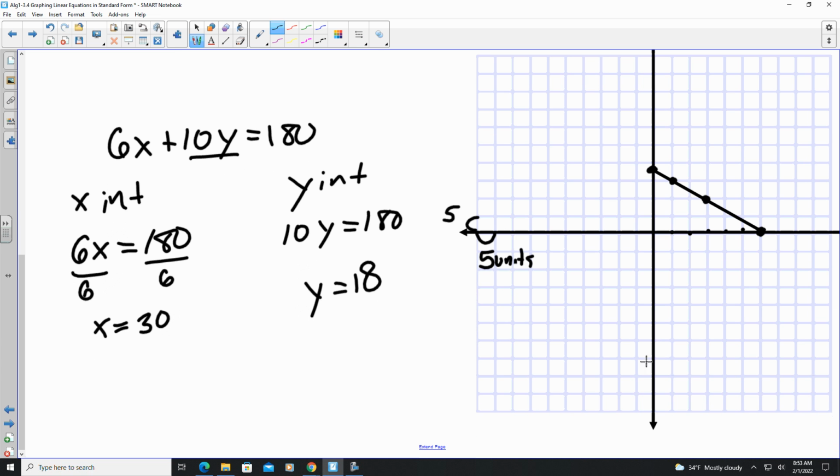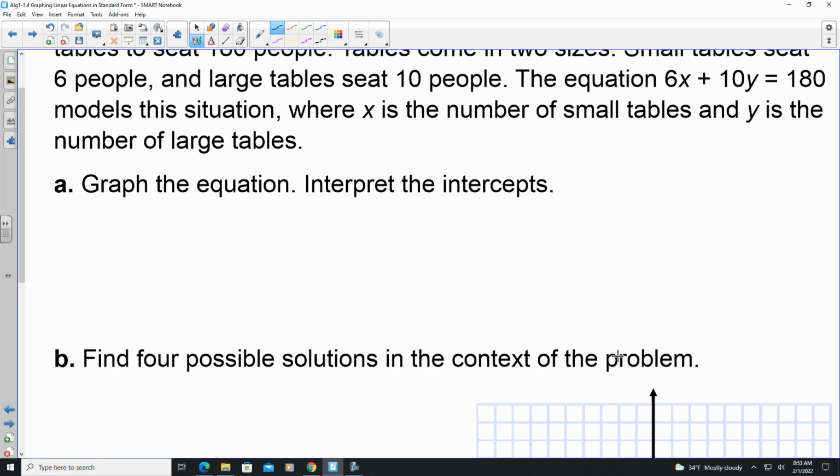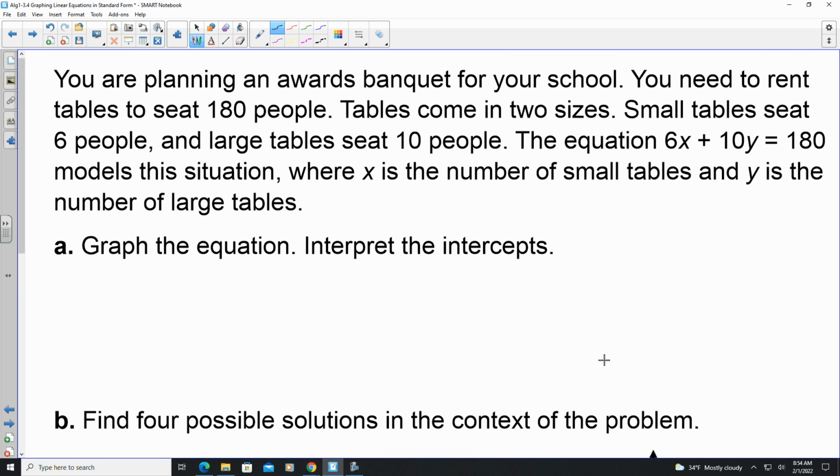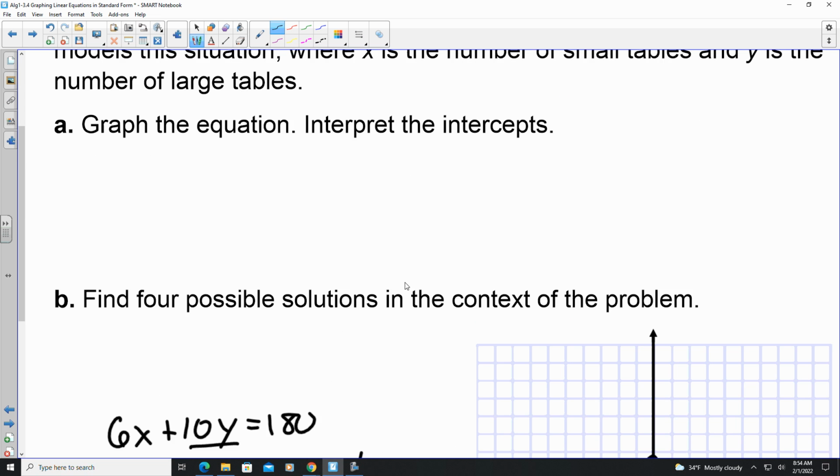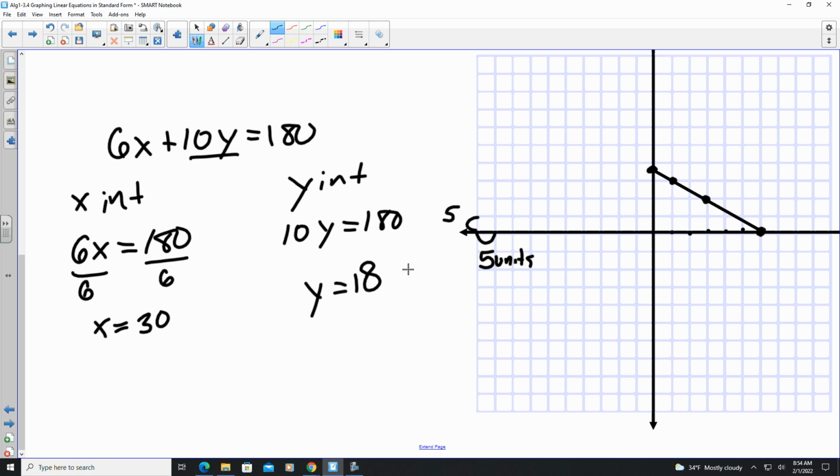The 2 easiest ones would be, we used 30 six-seat tables and 0 ten-seat tables, and then you use 18 ten-seat tables and 0 six-seat tables. Then you could go from here. This one appears to be at 5 comma 15, and this one looks really close to 5, 10, 15, so it looks like it's 15 comma 10.